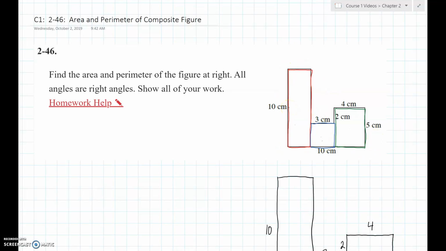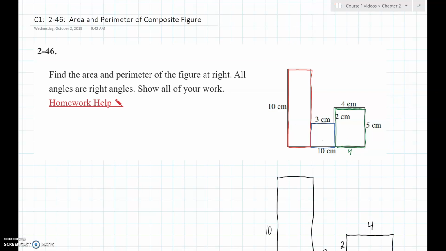So we've got this red rectangle here. I know that this length is 10, but I'm not really sure what this is here. So the goal would be to find what this length is. And you know that the entire length on the bottom is 10. If I look here, this green rectangle has a top length of 4, so that means this must be 4 here.